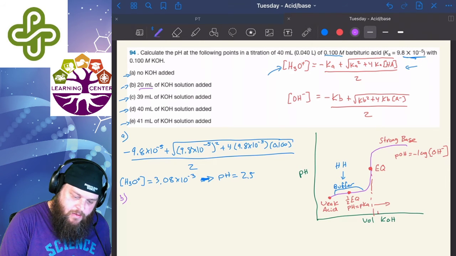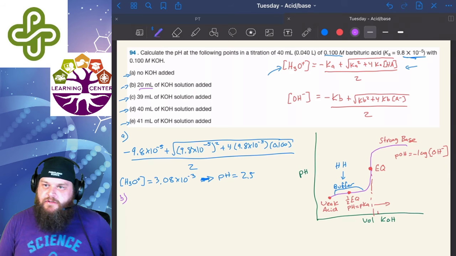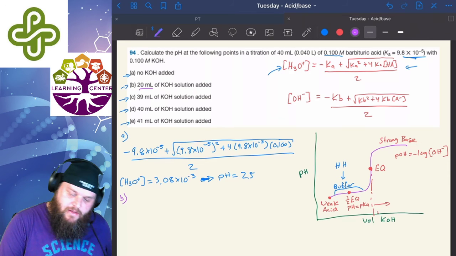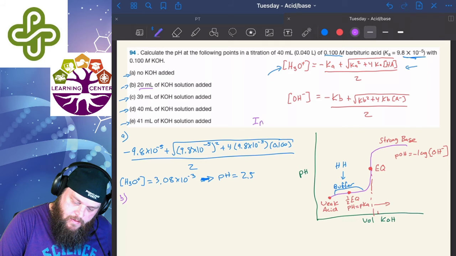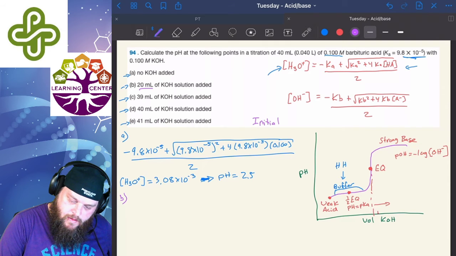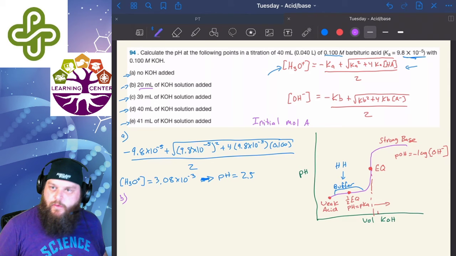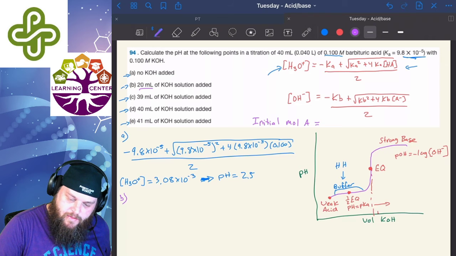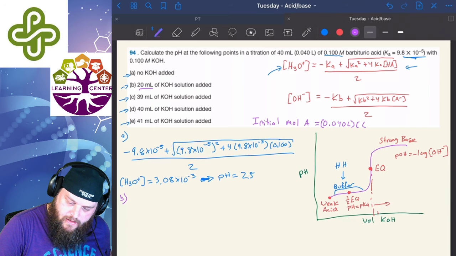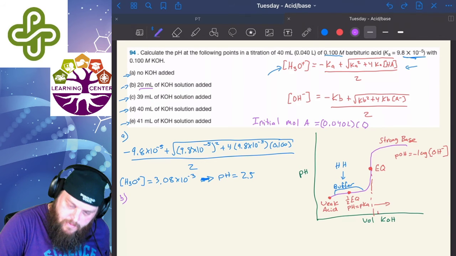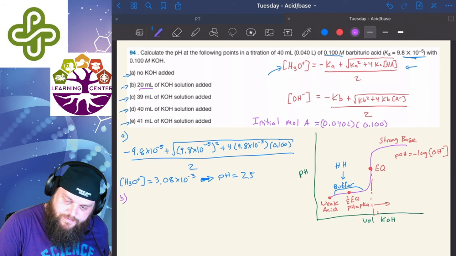now we've added 20 milliliters of KOH to the solution. So initially, I'm going to write it up here, the initial moles of acid. So that's how much acid we started out with before we added anything at all, is going to be equal to 0.040 liters times the concentration, 0.100 molar.